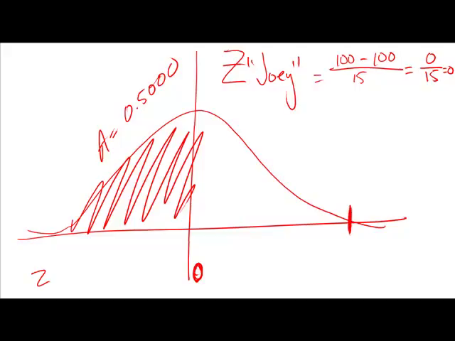So Einstein's way out here with his z-score of 4, which represents an IQ score of 160, right?